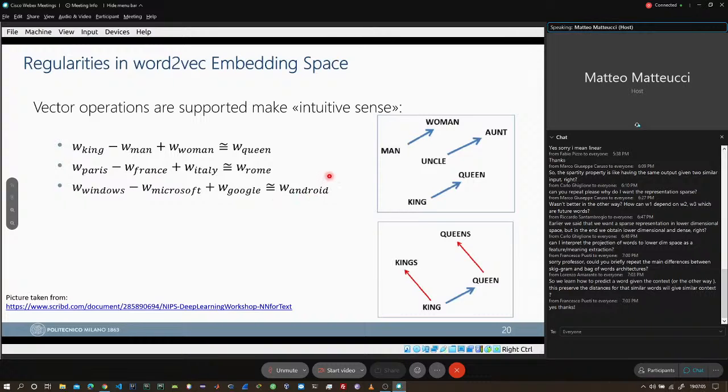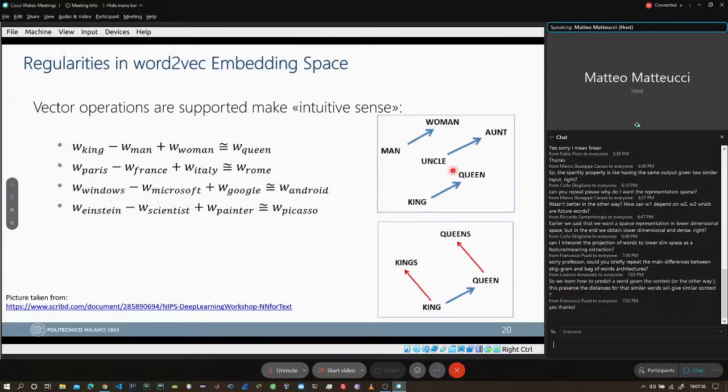You should think in terms of vectors, but vectors are the set of words in the context that represent that term. So if you take the Windows term and you remove from its context the set of words related to Microsoft, and you add the same set of words representing Google, what you get is an operating system built by Google. I mean, there's only Android over there.